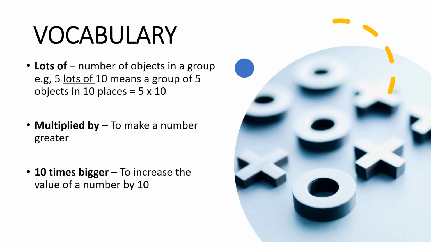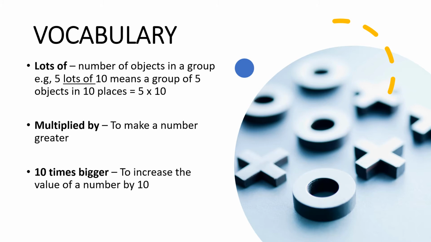"Multiplied by." Can you say that after me, please? Multiplied by. It means to make a number greater. For example, multiply 5 by 2. We are making the answer greater. Our answer will not be 5 again.